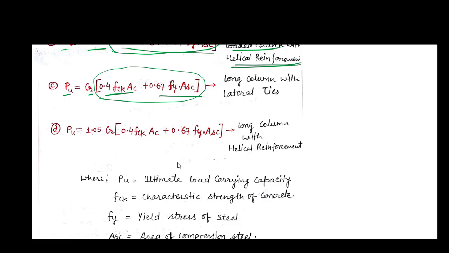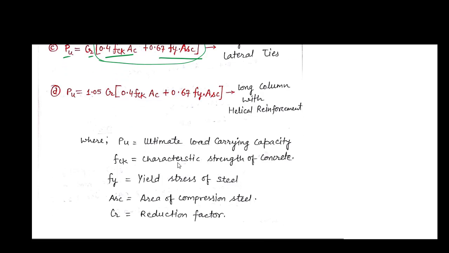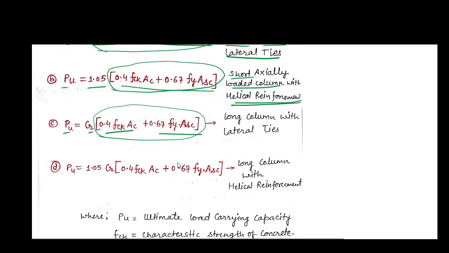Cr is the reduction factor of strength. Generally it is the ratio of the elastic strength to the yield strength. You can easily check it from the IS code and from your books also. So PU becomes Cr times 0.4 fck Ac plus 0.67 fy Asc. So this condition is a long column with lateral ties.